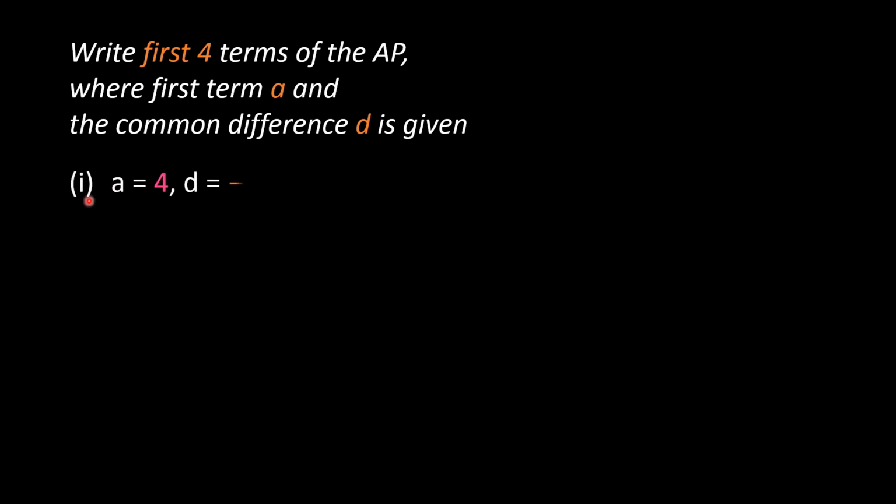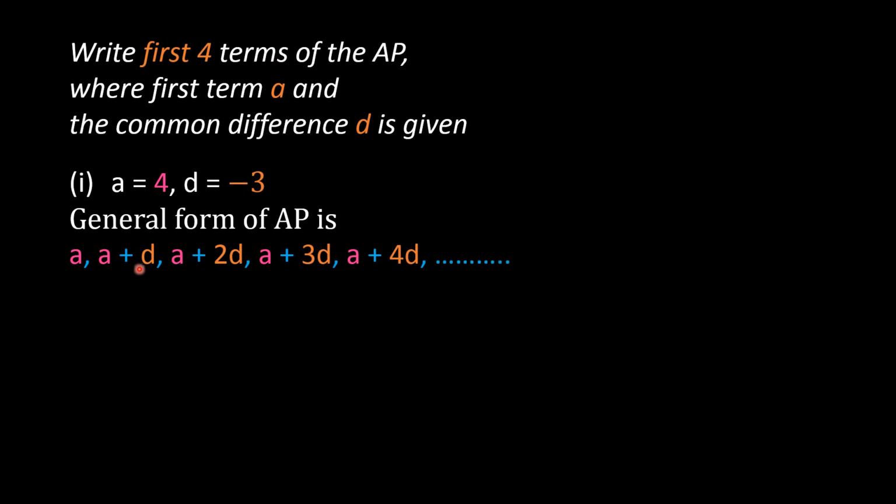In the first example, the first term a is 4 and the common difference d is minus 3. We have the general form of AP as a, a plus d, a plus 2d, a plus 3d, and so forth.